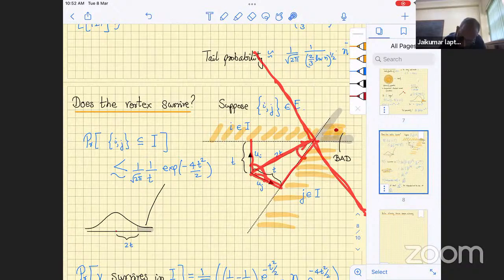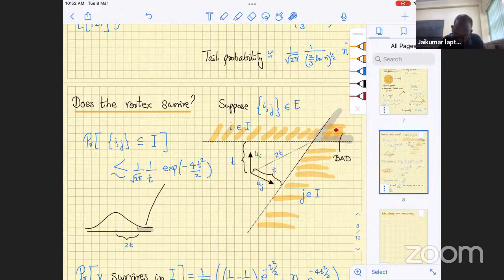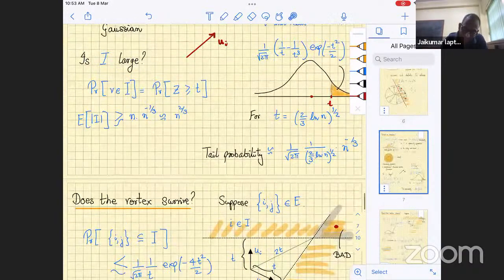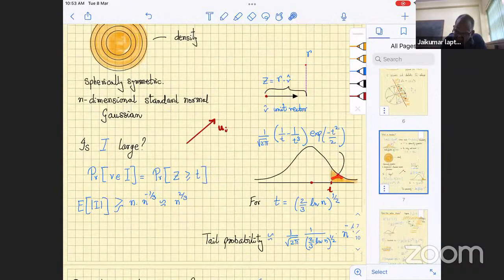This is 30 degrees. If this is t, the hypotenuse must be 2t. So this is a triangle with 30, 60, 90 degrees, old-fashioned 8th standard trigonometry, Pythagoras theorem. So if this is 30 degrees, then this length must be 2t. And here is a hyperplane, which is 2t away.